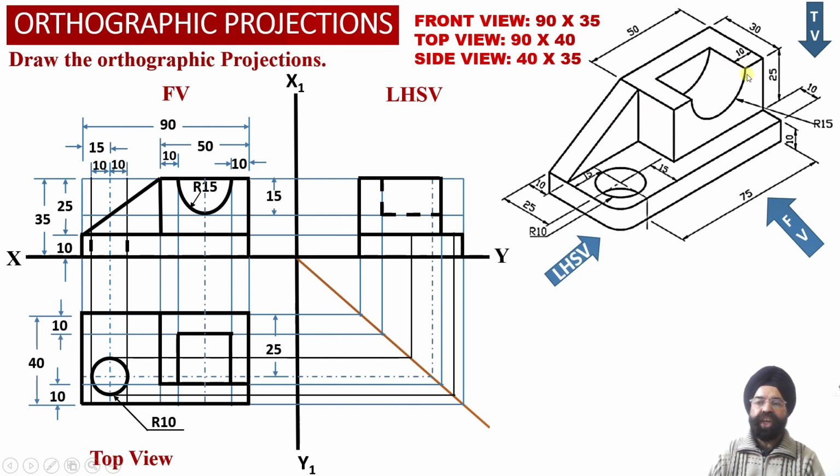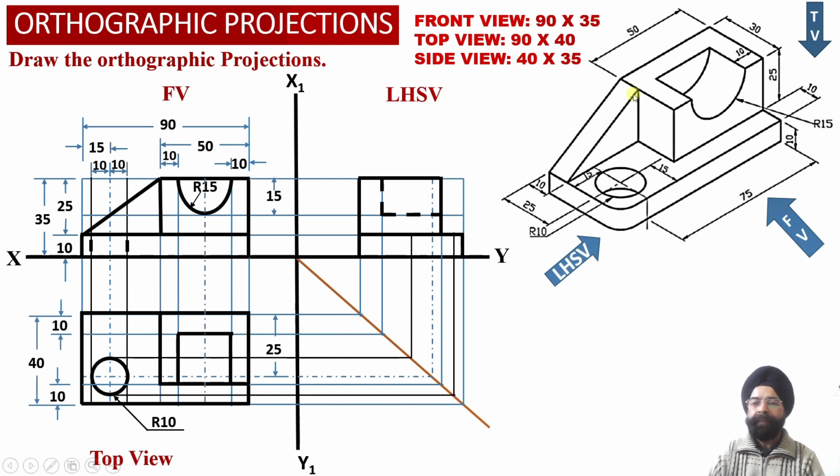Now we can check once again this semicircular slot which is available on the top surface of this rectangular block. It will be projected as an apparent shape rectangular projection into the left hand side view projections over here.